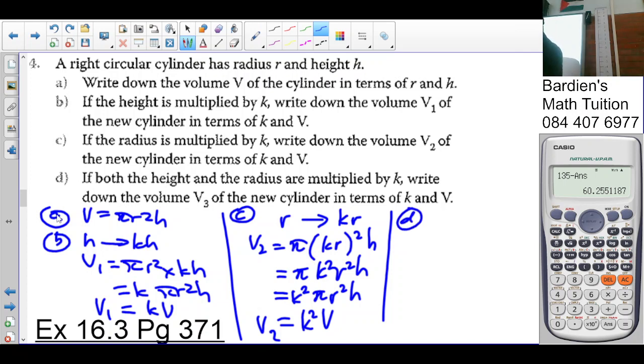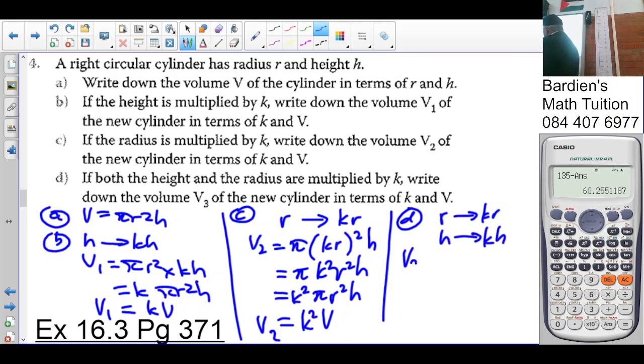D. It says if both height and the radius are multiplied by k, write down V3. That we already know is going to be k cubed. But anyway, let's act as if we don't know. So the radius became kr and the height became kh.